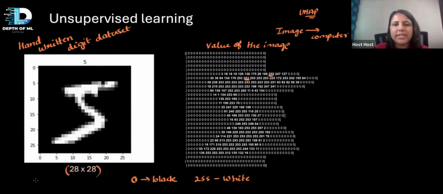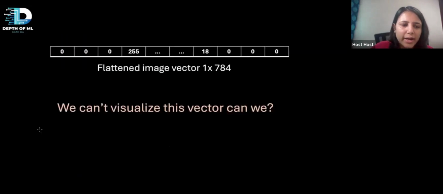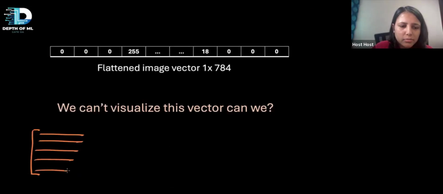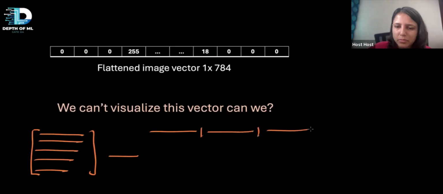Obviously I have to create one feature row corresponding to it. So what I do is I decide that I will flatten it out. Flatten it out means that I had an image like this with 28 rows. I paste every row together, so I get a 1 cross 28 cross 28 vector.